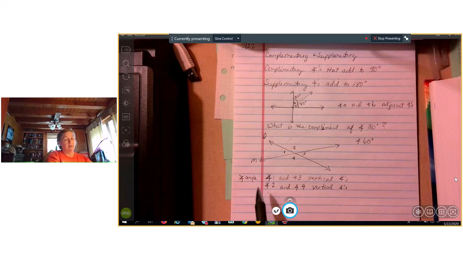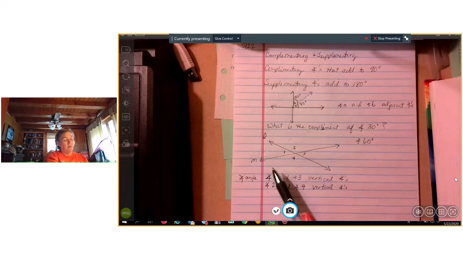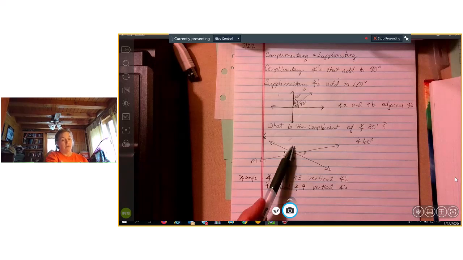They're going to make a supplementary angle, because line M is a line and we know that it's 180 degrees. The same goes here. I know that angle 2 and angle 3 are supplementary because line L is 180 degrees. So these two adjacent angles are also supplementary angles.